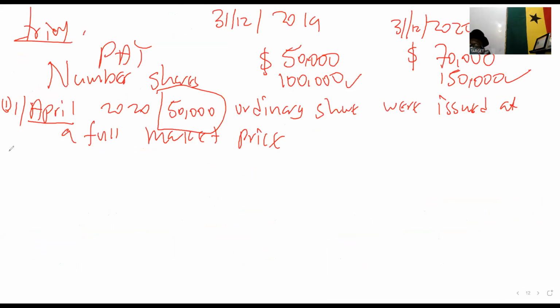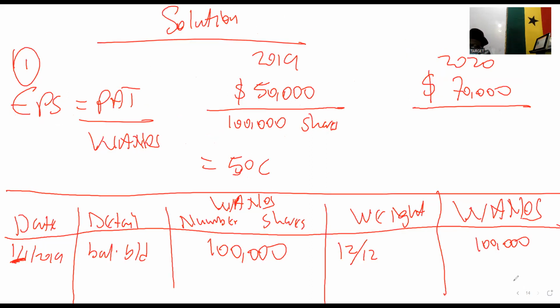Then along the line, step by step, note 1 says that in April 2020, 50,000 ordinary shares were issued at full market price. So that 50,000, code the date, 1st of April 2020.